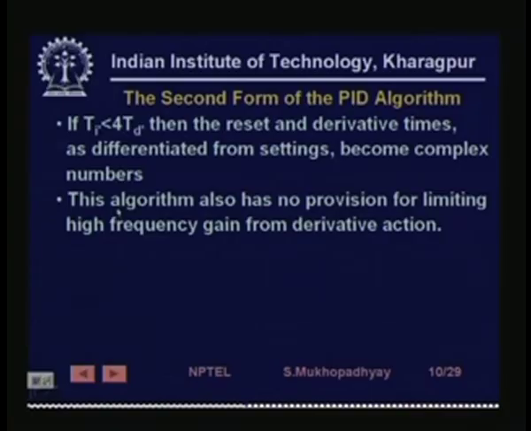On the other hand, the second form does not have that 1 plus denominator with the derivative term. That denominator is actually used for limiting the derivative gains, as we have pointed out earlier, because the sensor signal may contain noise, and the derivative will give you very noisy signals. If you try to differentiate noisy signals, you get very noisy signals.